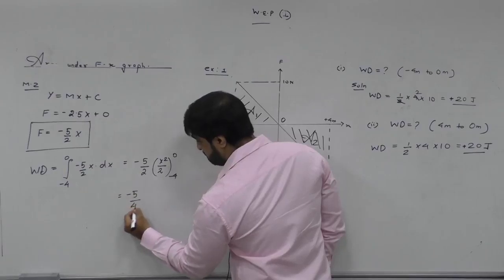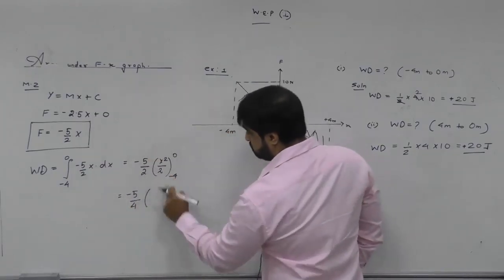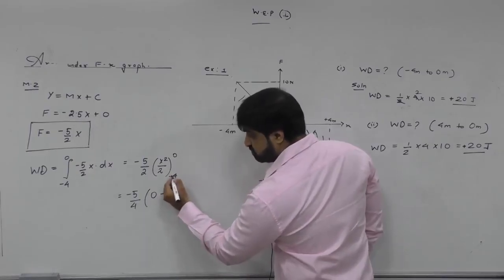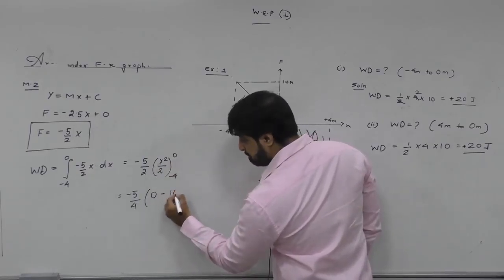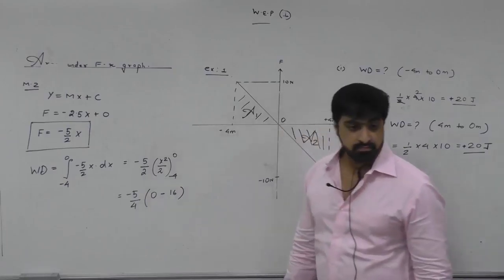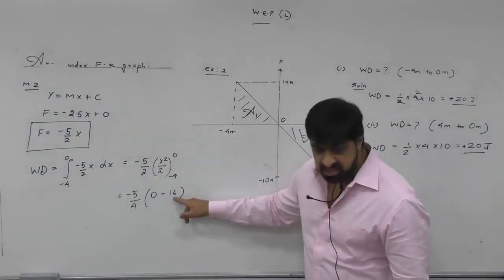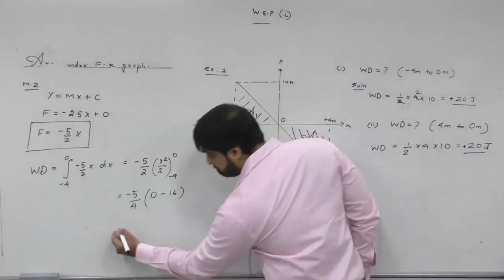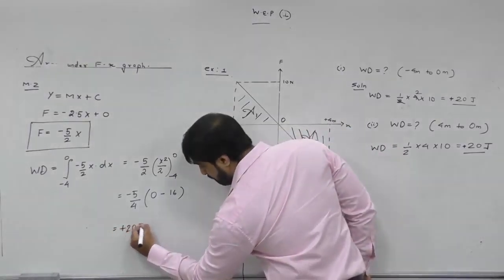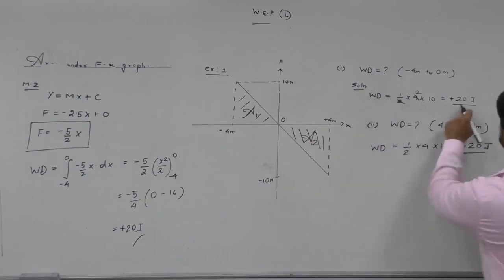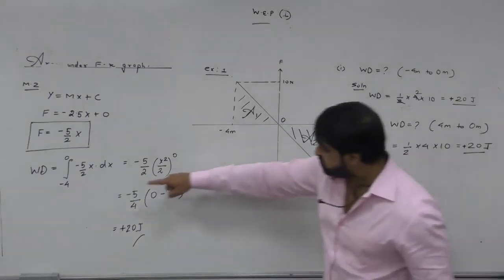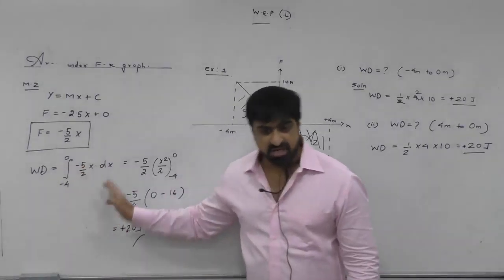Minus 5 by 4 into 0 square, minus of minus 4 square, 16. You can see 4 4s are 16. Minus 5 into minus 4 will become plus 20. Similarly, if you integrate from 4 to 0, same thing, you will get plus 20 only again.